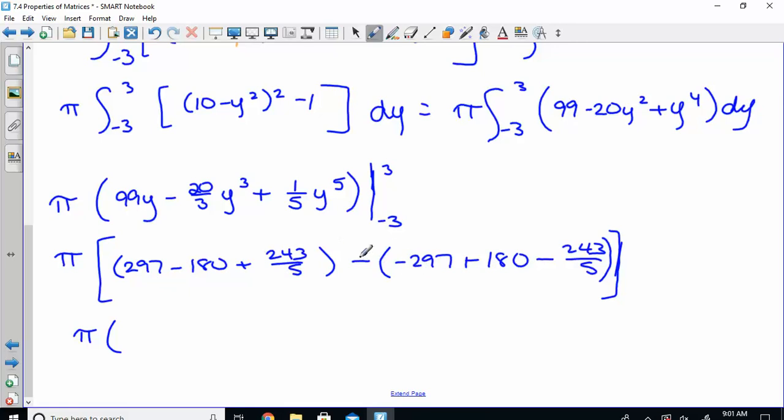So distribute your negative, add like terms, we get 594 minus 360 plus 486 over 5. And I don't want to keep adding this by hand.